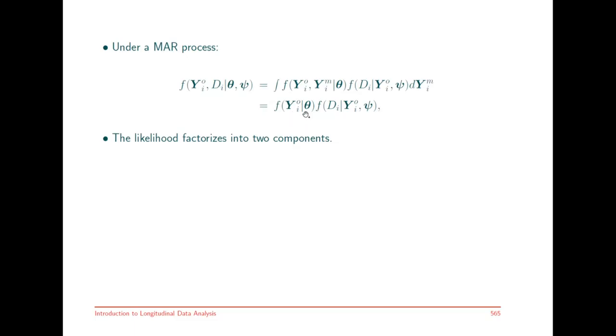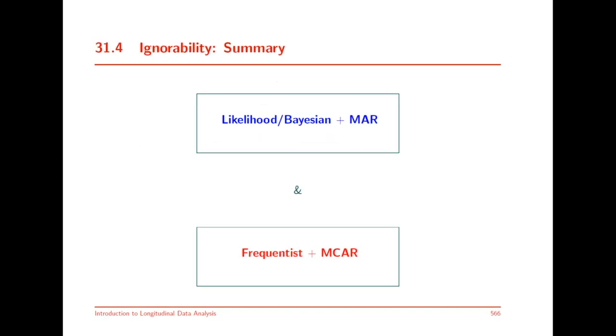The first one depends on theta only, the second one depends on psi only, and you can estimate them separately. But if I'm interested in theta only, I can use the first term of the log likelihood and forget about the second one, ignore it, because I can use it, but I don't have to if I'm not interested in it. That's where ignorability comes from.